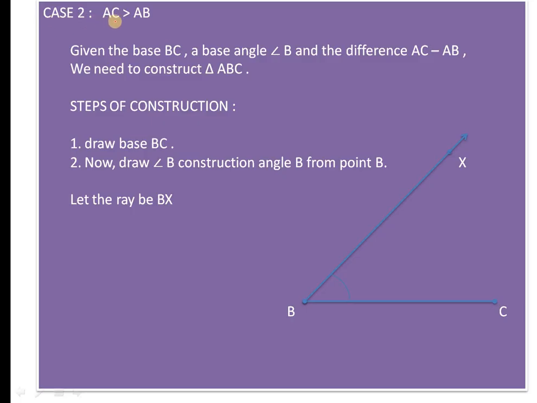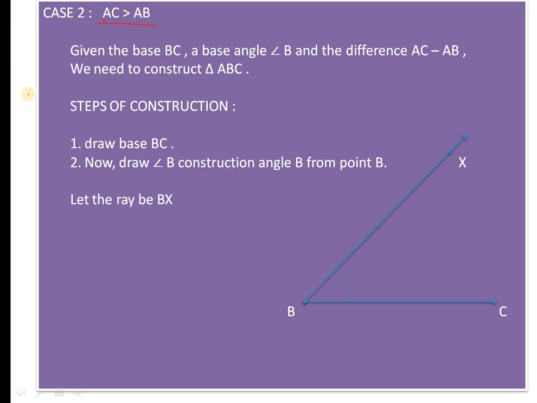Now case 2, if AC is greater than AB. Given the base BC, a base angle B, and the difference AC minus AB, we need to construct triangle ABC.